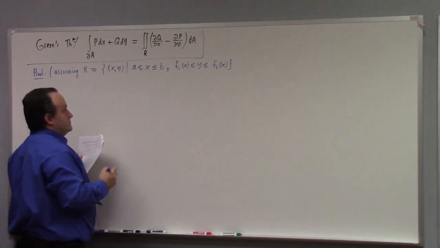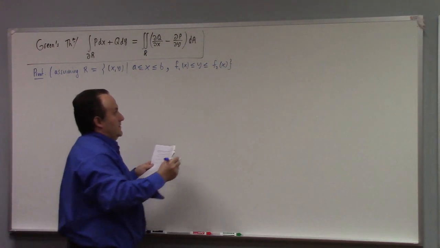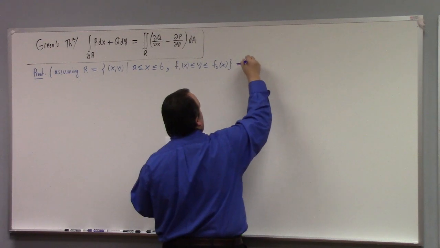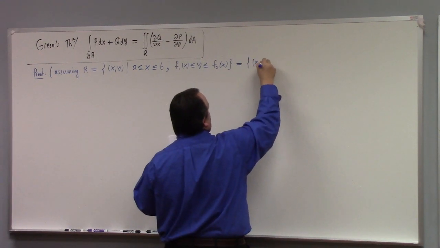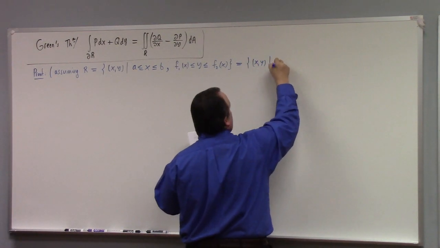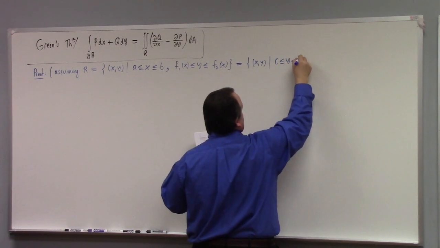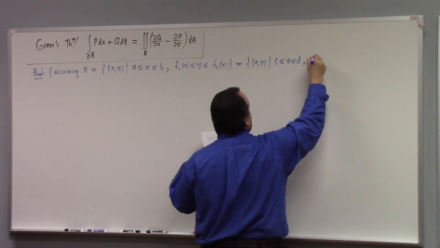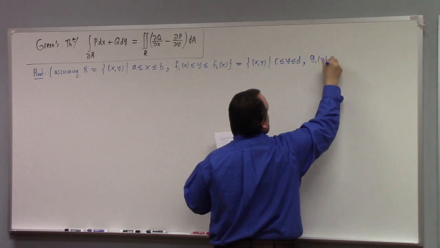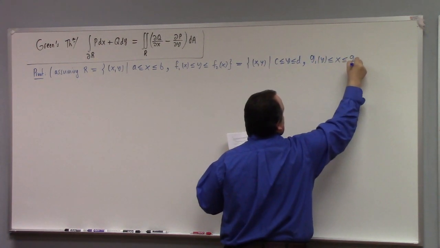And also, it's simultaneously equal to all x, y such that c is less than or equal to y less than or equal to d, and g1 of y less than or equal to x less than or equal to g2 of y.